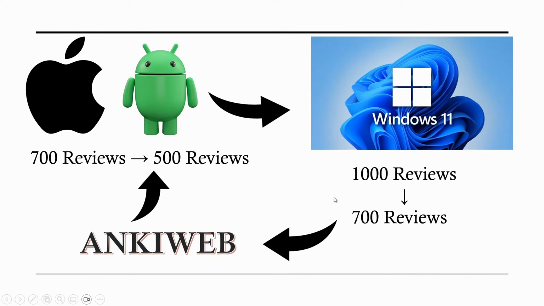So you take your laptop, sit, and finish your reviews. Now after you sync it, this data is stored on AnkiWeb, which is like the primary server. Both your phone and Windows are synced to this AnkiWeb. Now when you open your phone, it'll show 700 reviews and not 1,000 reviews. So that's how sync works in general.